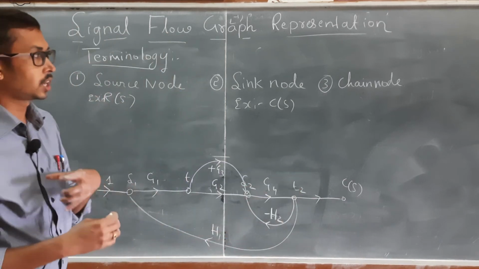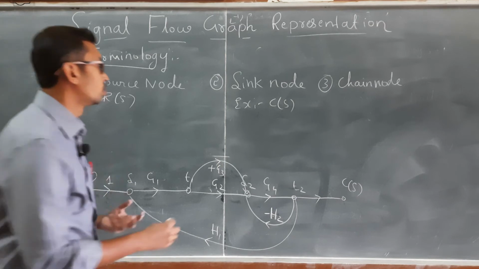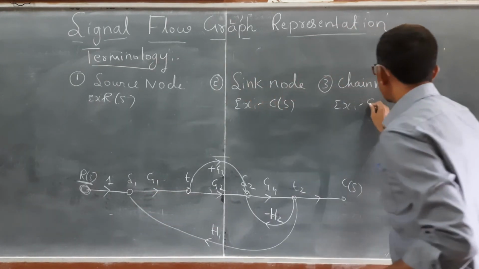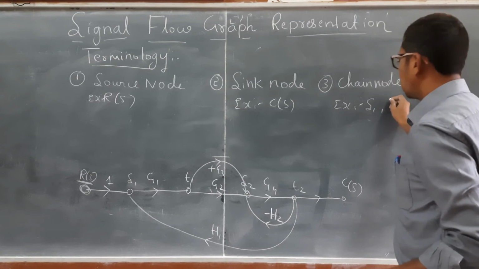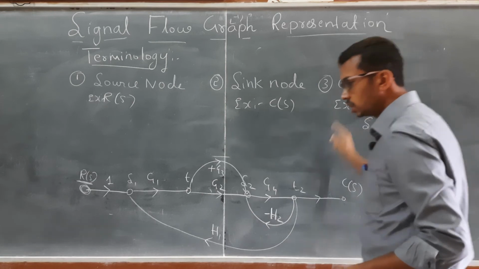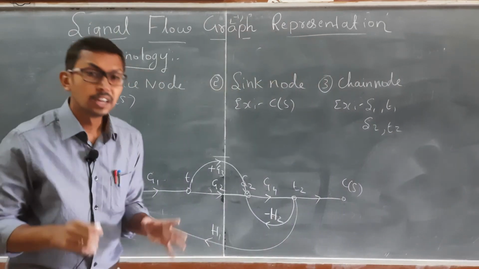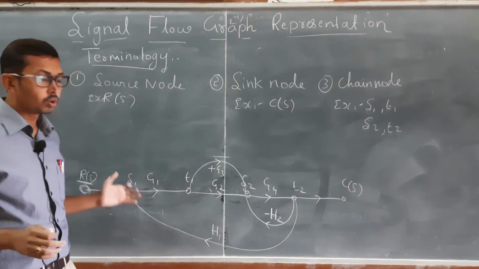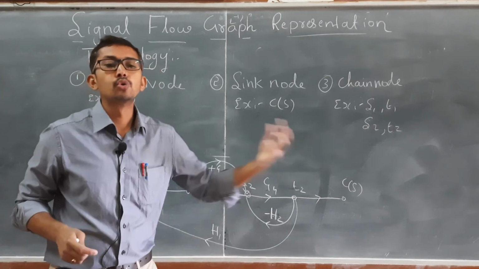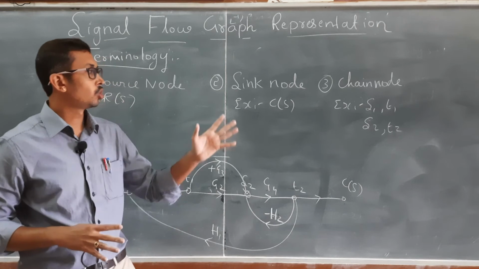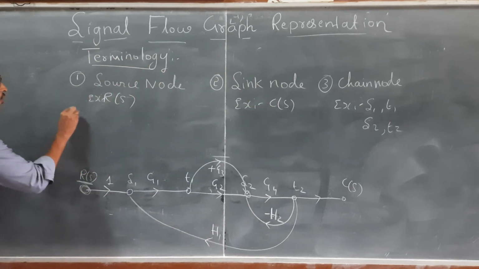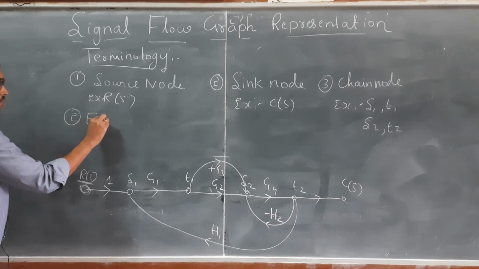So these four nodes are called chain nodes, because these nodes have both incoming signals as well as outgoing signals.